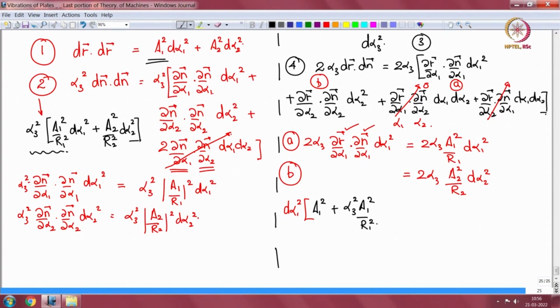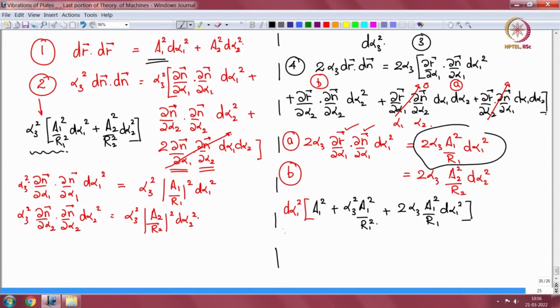Then I have this term here plus twice alpha 3 A1 squared by R1 d alpha 1 squared. Okay, we are done with d alpha 1 squared.